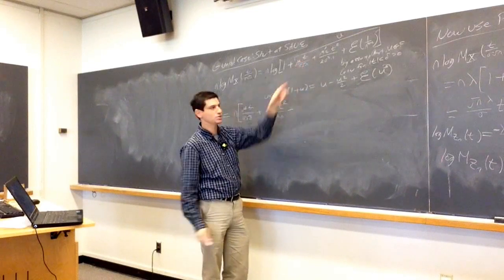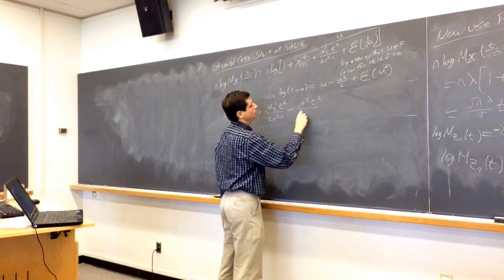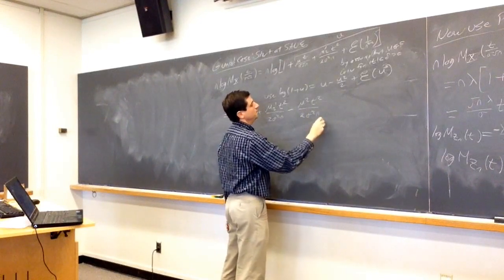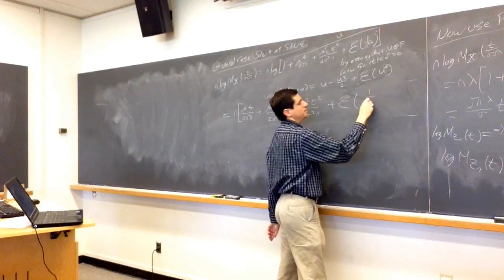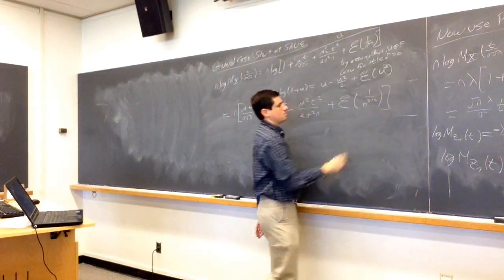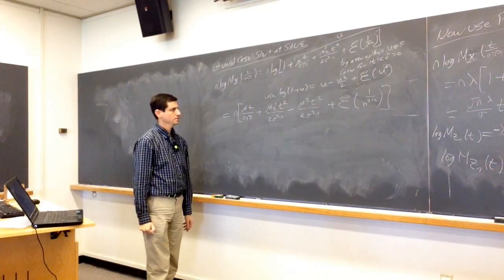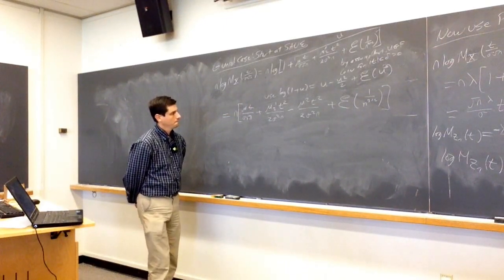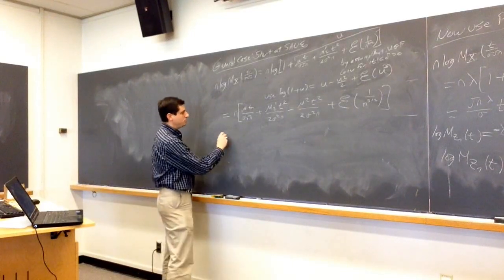The only thing that matters is the square of this. So minus mu squared t squared over 2 sigma squared n plus some error of size 1 over n to the 3 halves. Okay? Let's keep doing the algebra.